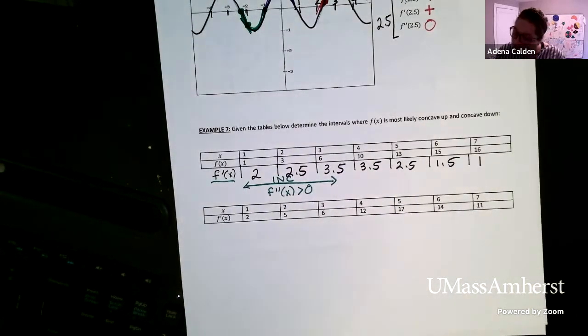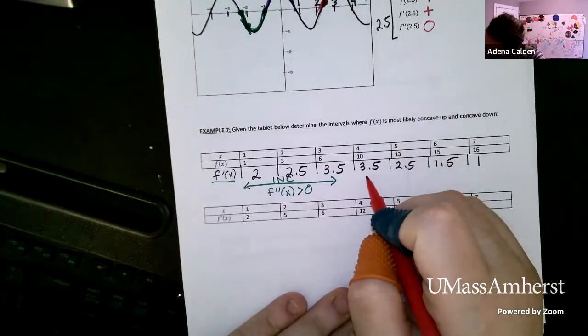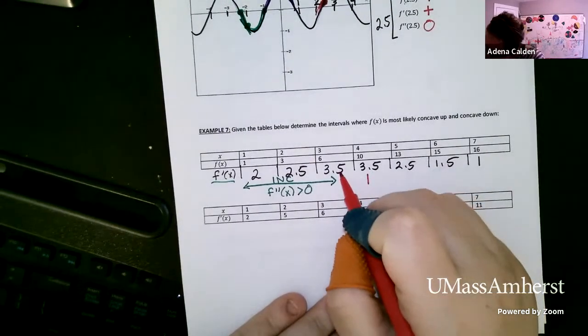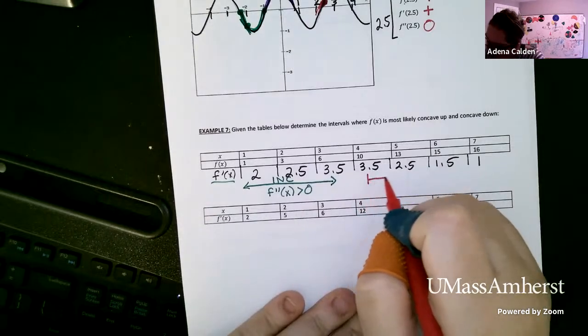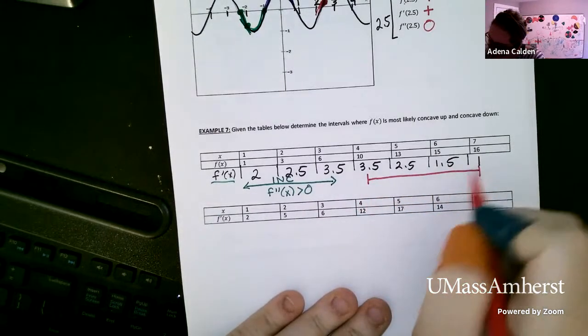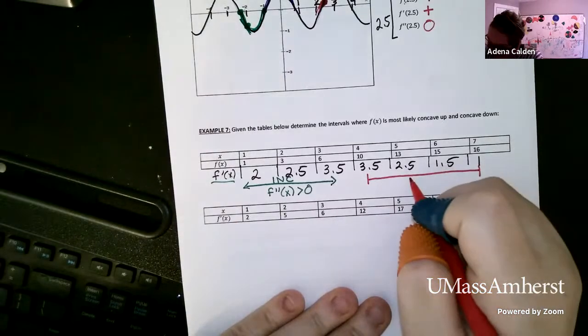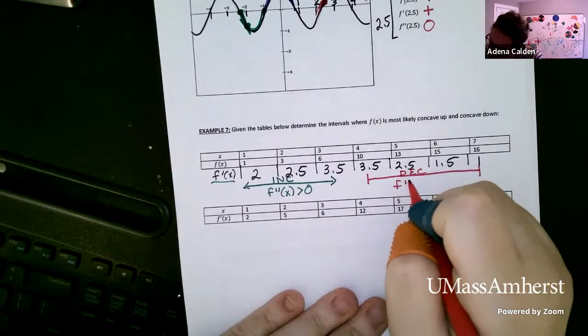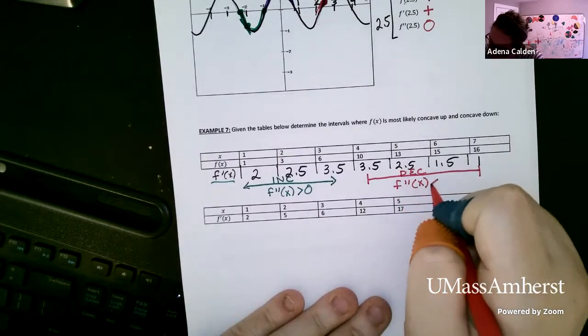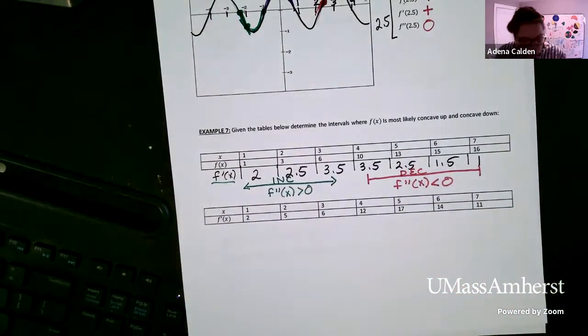Okay, that's the relationship there. And then where are we decreasing? Well, let's see. 3.5 to 3.5, that's not decreasing, that's constant. So 3.5, 2.5, 1.5, 1, those are decreasing, which means that is where the second derivative is negative.